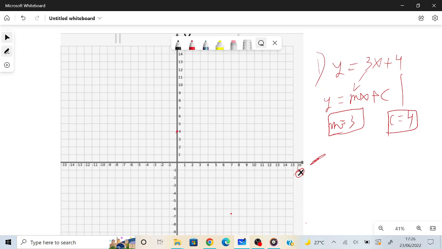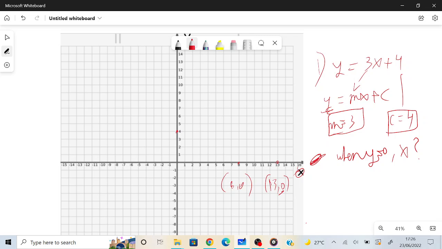So to do that, we all know that at any point on the x-axis, your y will be 0. So let's say when y is 0, what is your x? To explain again, if you take any point on the x-axis, say 8 or 13, you will always notice that when you write it in coordinate form, this would be (8, 0), and this would be (13, 0).